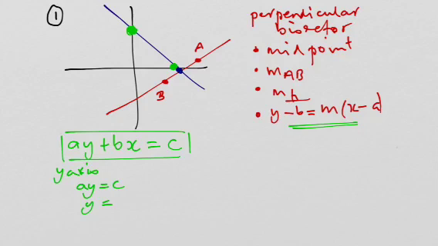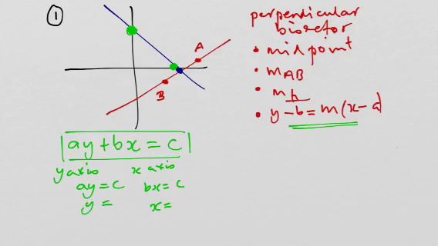And similarly, for where it crosses the x-axis, the y coordinate is 0. So the ay part is going to disappear. So you're going to be left with bx equals c, so you can work out what x is. Remember, a's and b's are numbers. It'll be easier once you actually do it with the numbers.